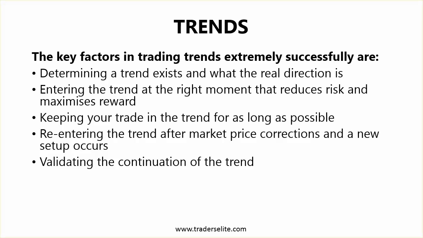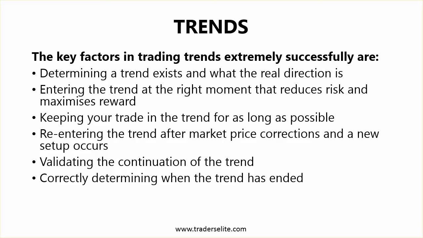Validating the continuation of the trend is always really important, making sure that the fast moving average is on the right side of the slow moving average, confirming the market based on the MACD. It's always important to be able to manage the trade throughout the trade cycle. It's not just about entering the trade at the right time, it's managing it and exiting it at the right time, and then correctly determining when the trend has ended.